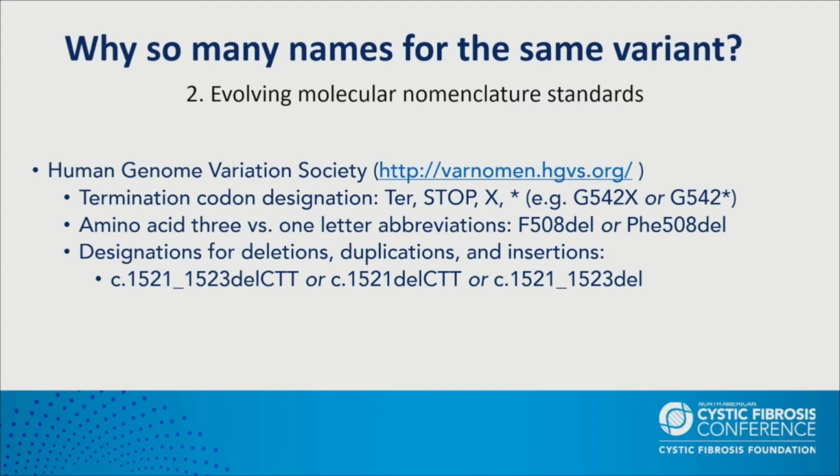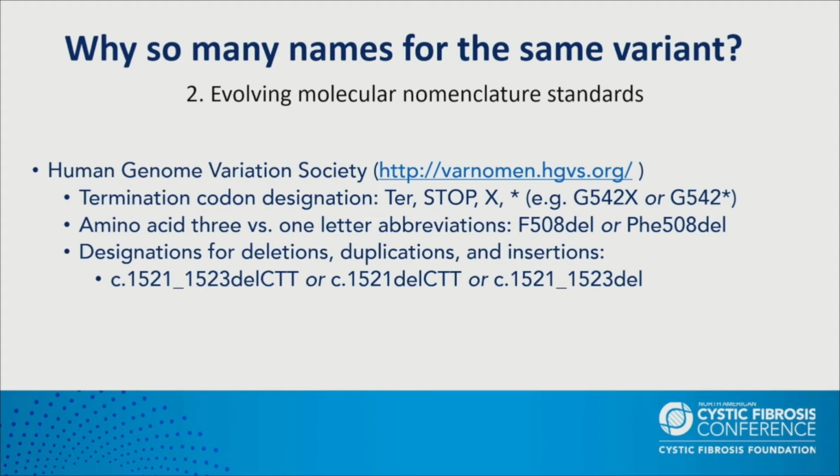The asterisk is technically the correct designation, but for CFTR, I think it's very, very common still that you'll see G542X, that you'll see the X used. I know our newborn screening reports that I get still have the X. A lot of test reports do as well. And I think the listing of eligible mutations still uses the X designation.